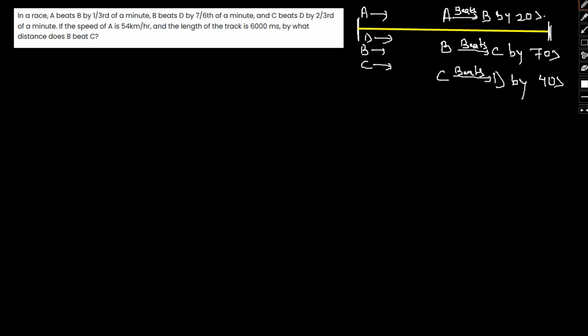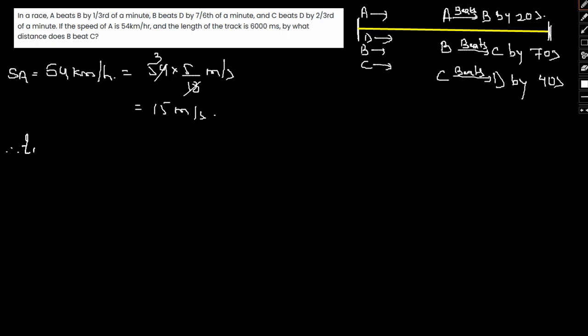Now we have been given the speed of A is 54 km per hour. Since all the other units are in meters and seconds, let me convert this into meters per second. That is 54 into 5/18, or 15 meters per second. So the time of A will simply be the total track of 6,000 meters by 15, that is 400 seconds.